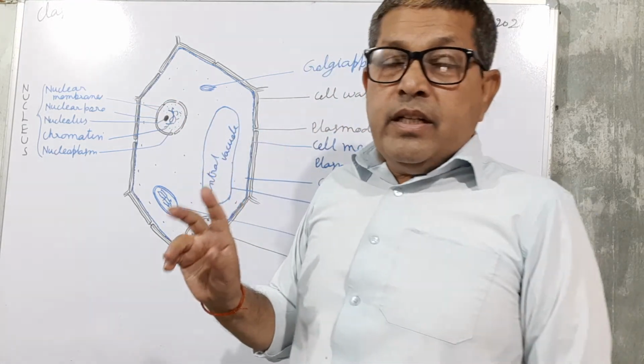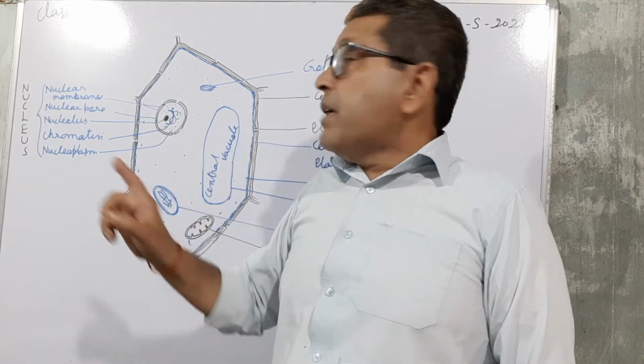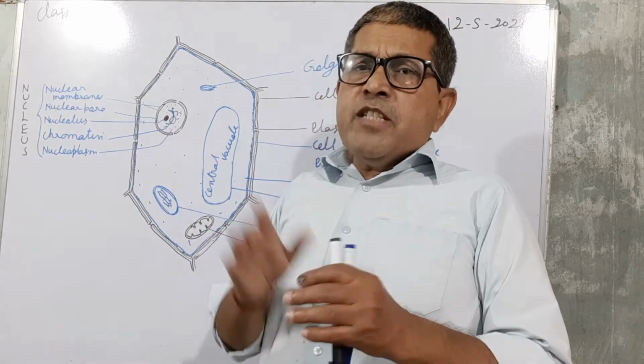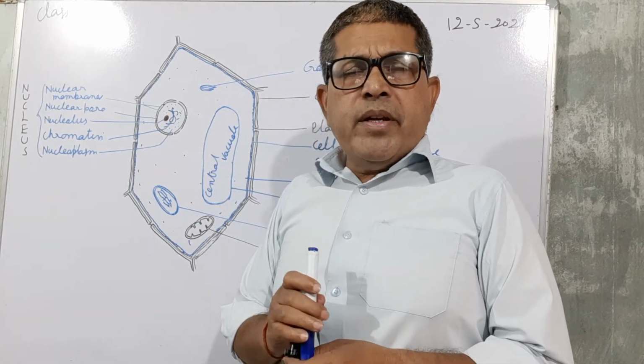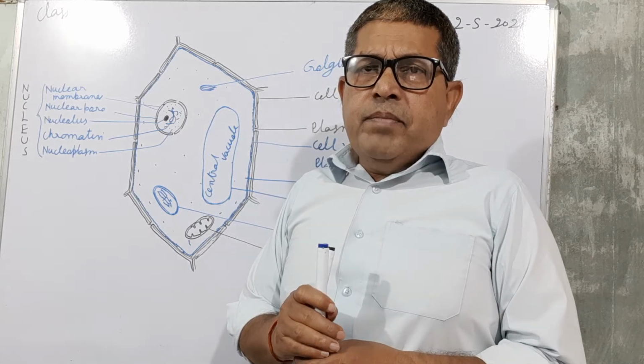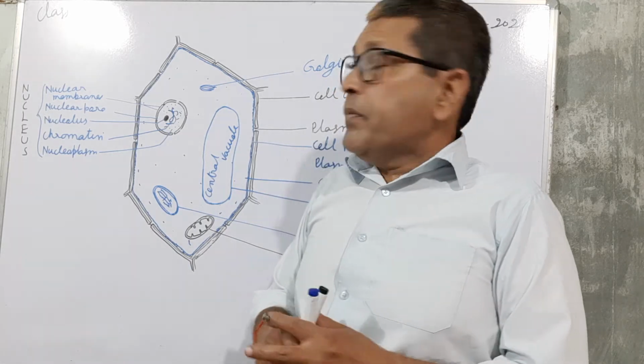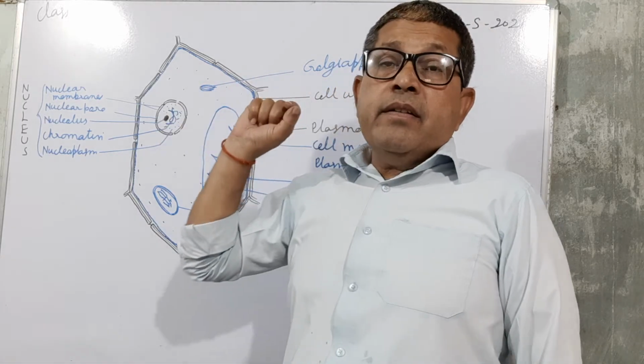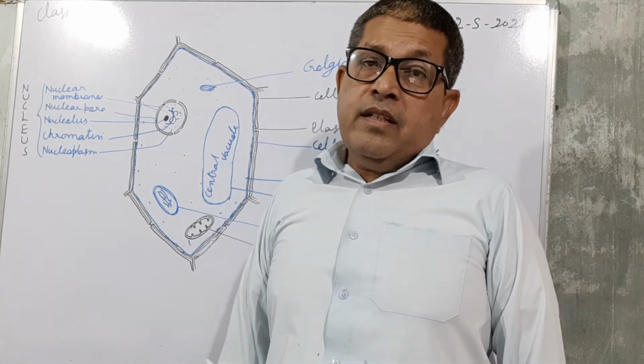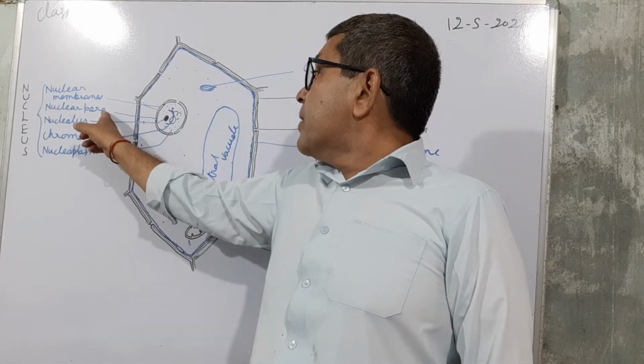Two membranes are there, outer membrane and inner membrane, and there is space between the two nuclear membranes. This is called the perinuclear space. And the nuclear membrane has some pores. These pores are called nuclear pores.